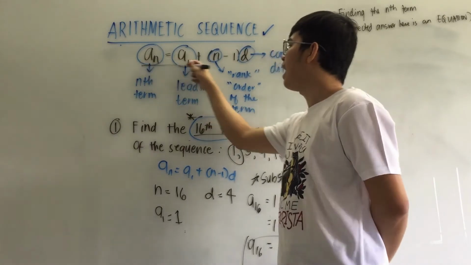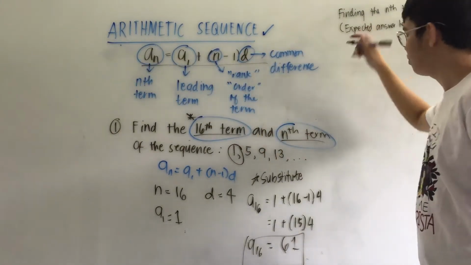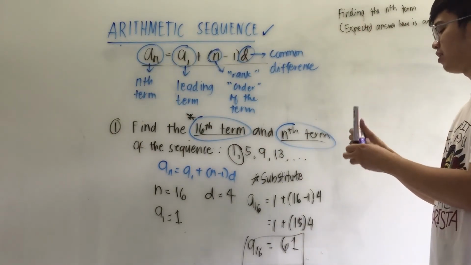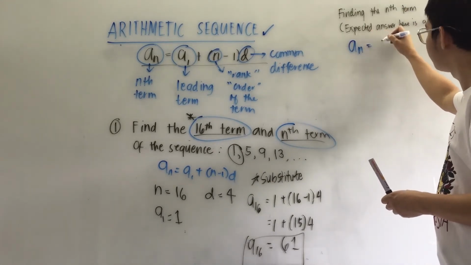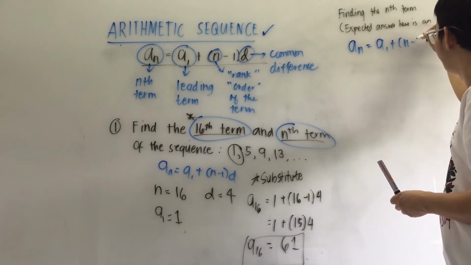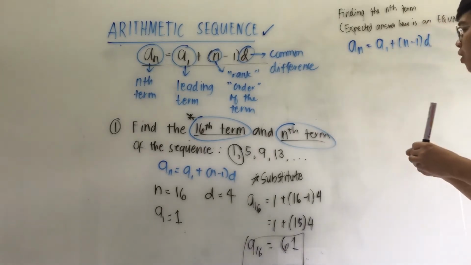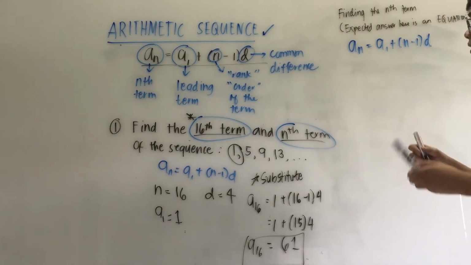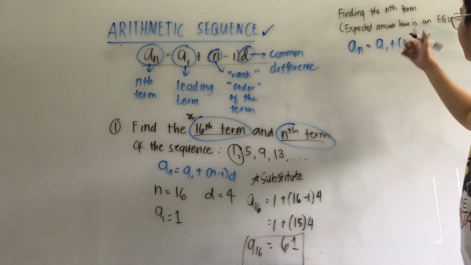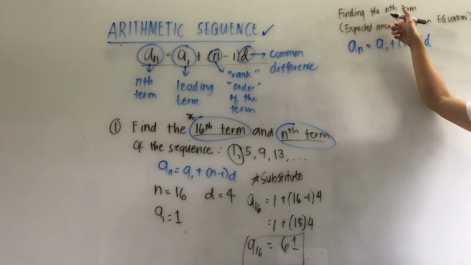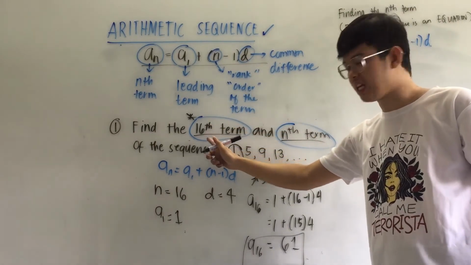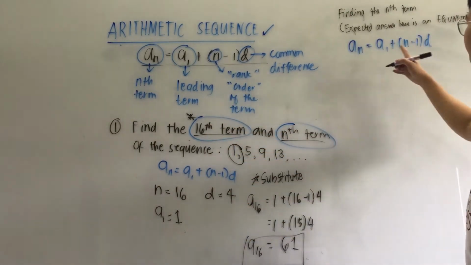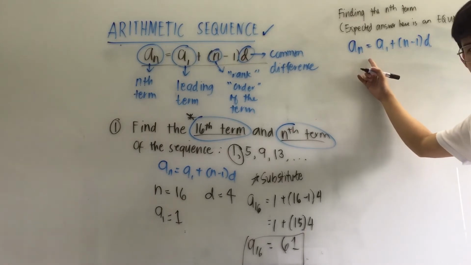We also have to apply the a sub n formula. So it's what? a sub n equals a sub 1 plus n minus 1 times d. Okay? And now, since our n term is not explicitly stated, it's not like 16, where you just have 16. In this case, n is n.